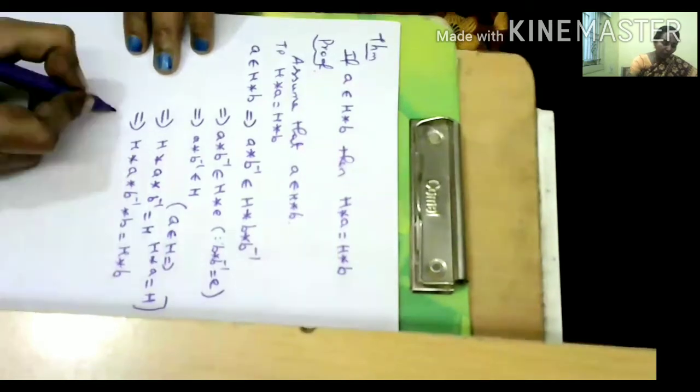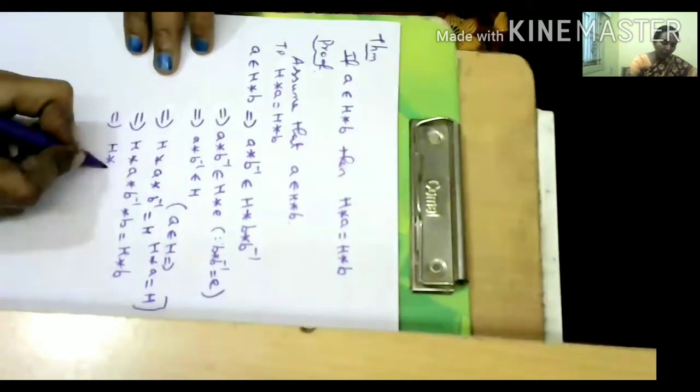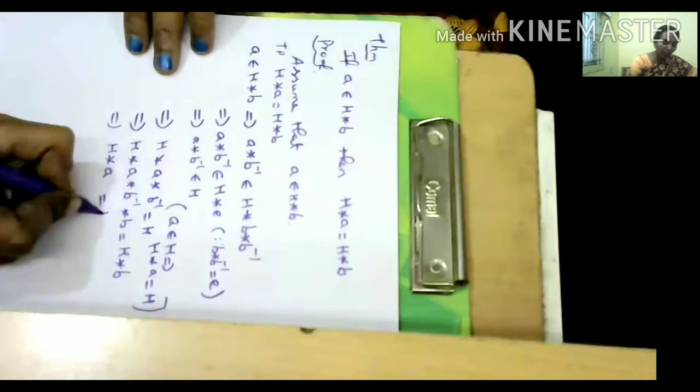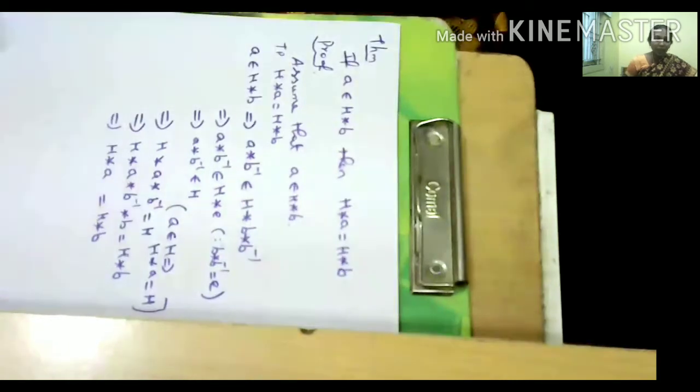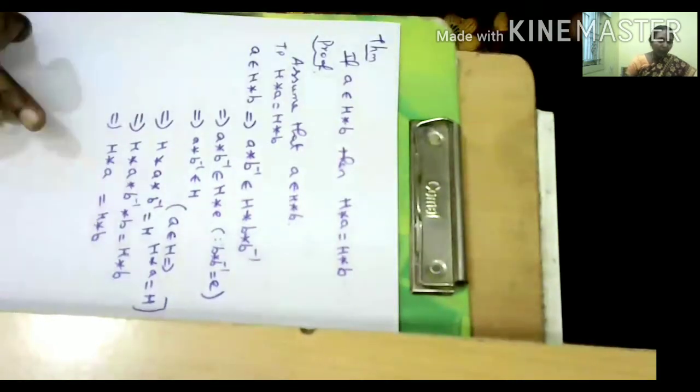So this becomes H star a equals H star b. How? Because b inverse star b is equal to e. This way we prove that particular theorem.